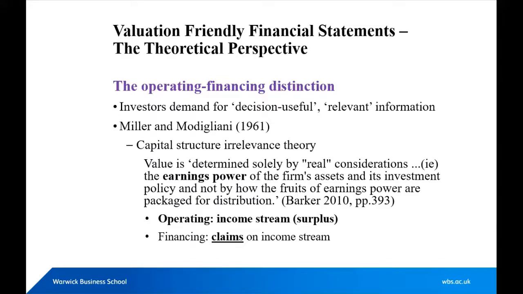Are you familiar with the Modigliani and Miller model, the most famous model in finance? You're familiar, okay. So you do business, you generate value from business by investing your money in some profitable opportunities.